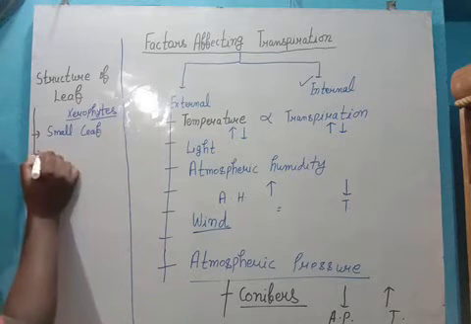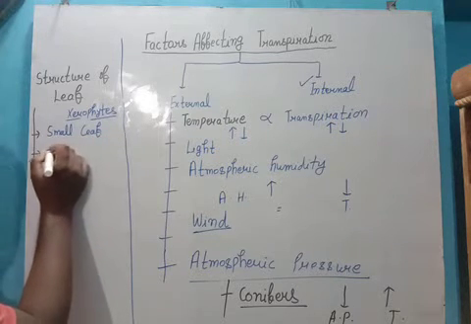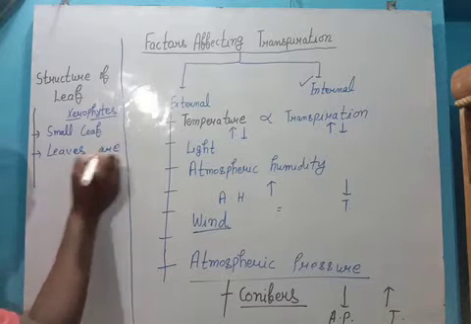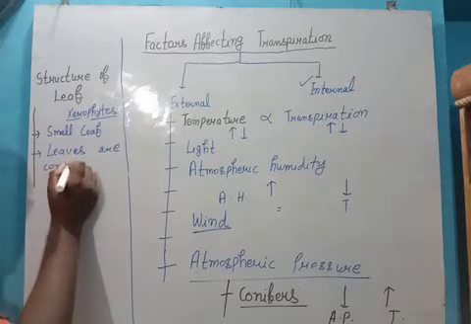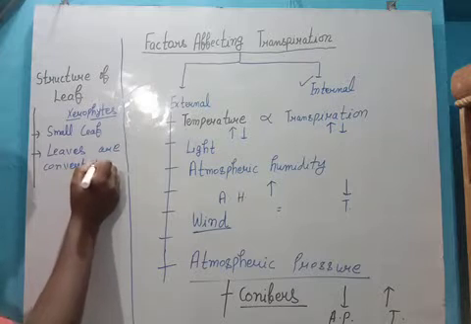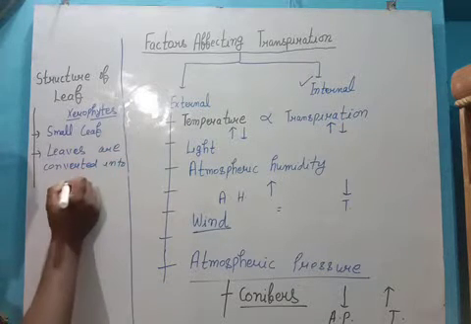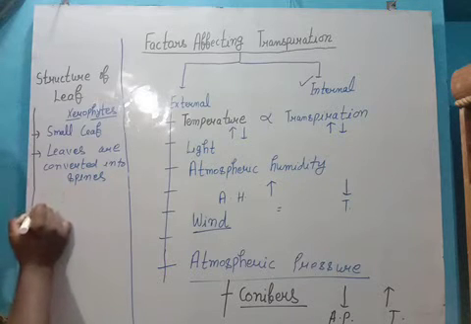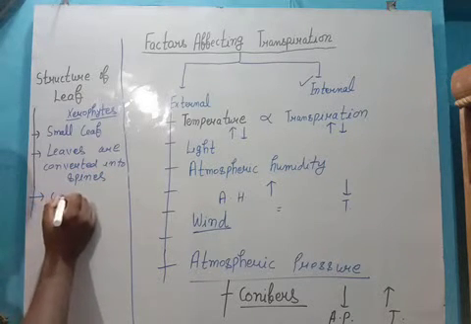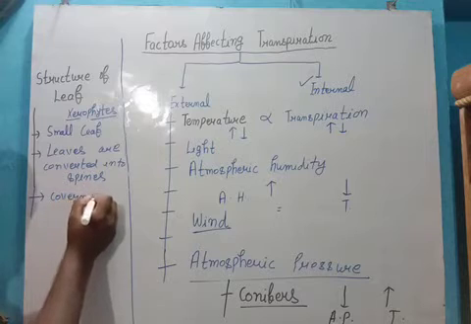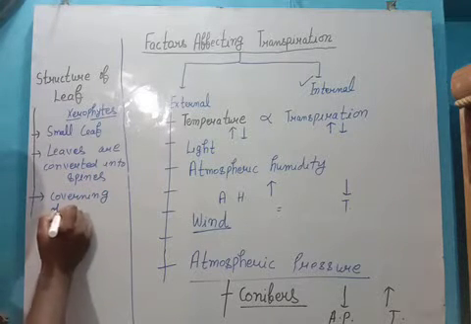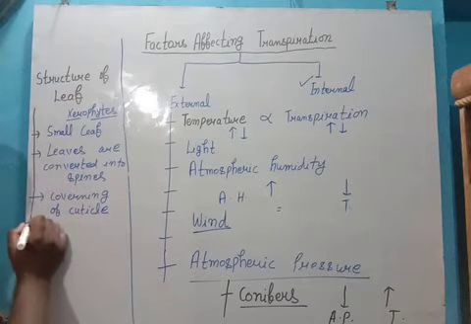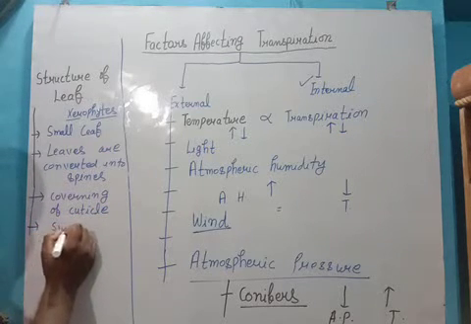They have small leaves, sometimes converted into spines, a thick covering of cuticle, and sunken stomata.